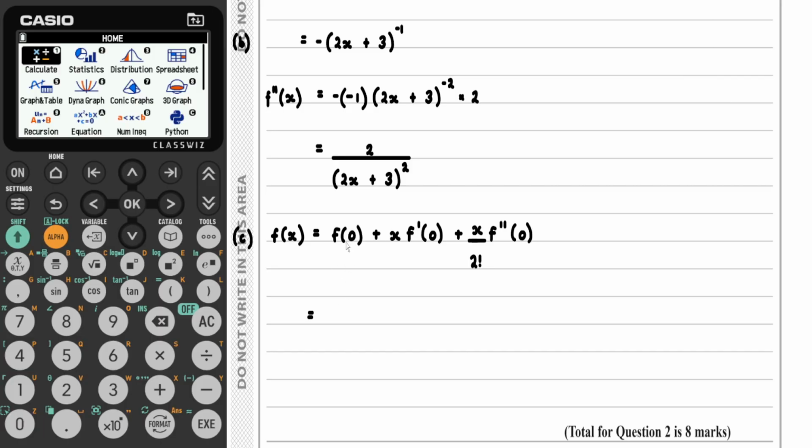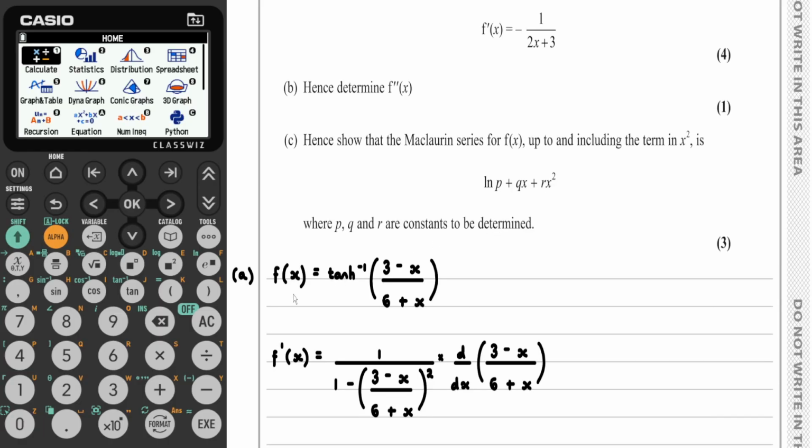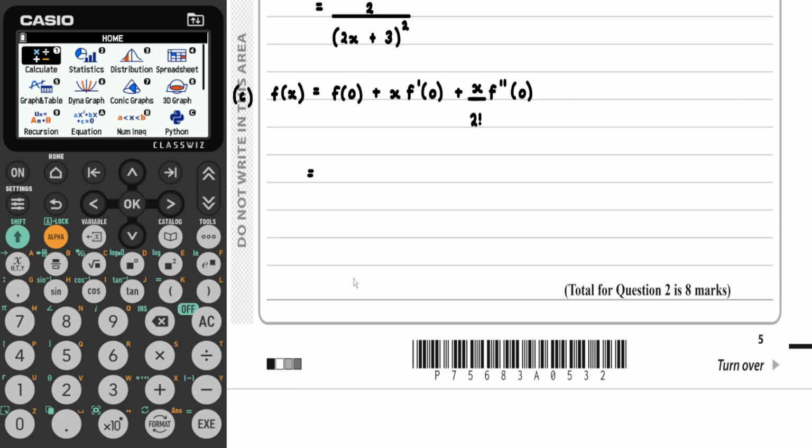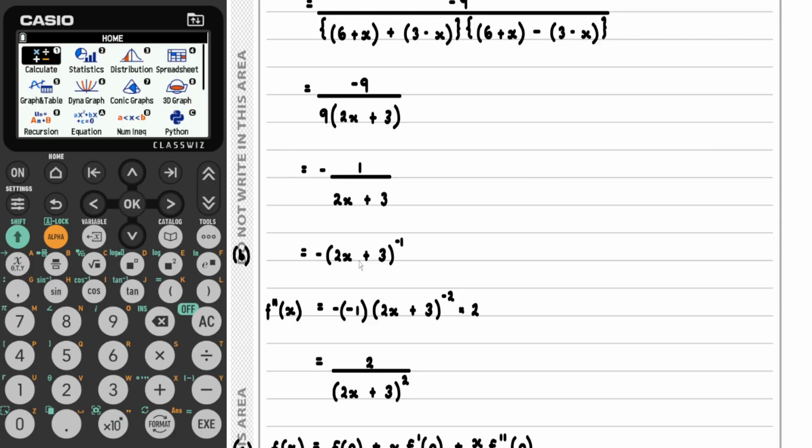So to begin with, we need to work out f of 0. We know what f of x is, that is inverse hyperbolic tan of (3 subtract x over 6 plus x), so f of 0 is inverse hyperbolic tan of (3 subtract 0 over 6 plus 0). And then we add on x times f dash of 0. We worked out in part A what f dash of x is, that's negative 1 over 2x plus 3.